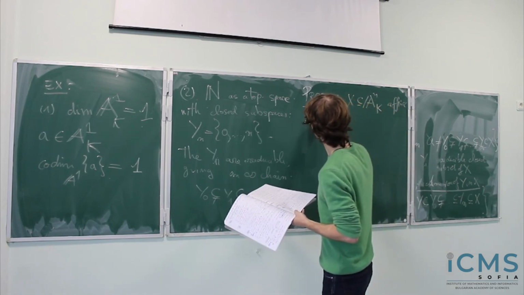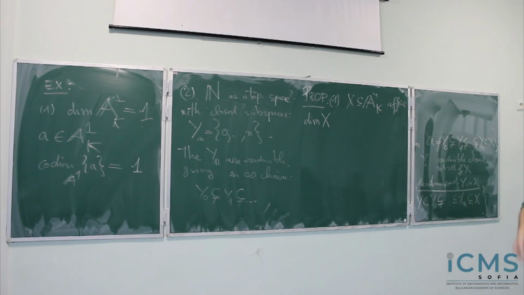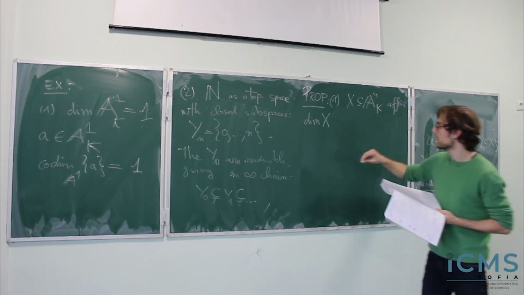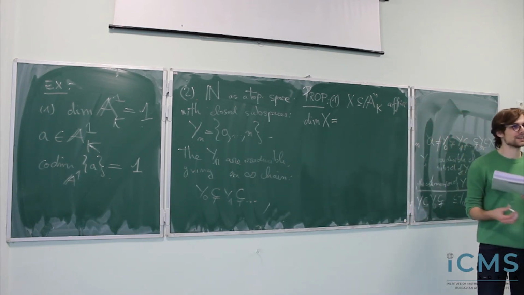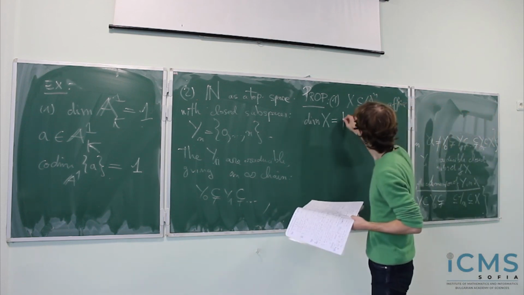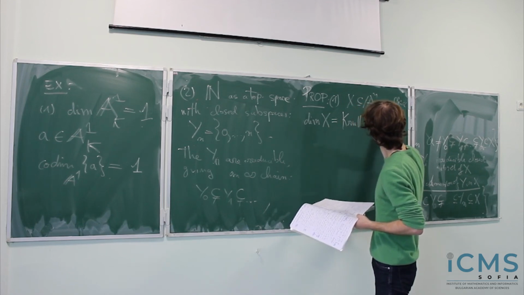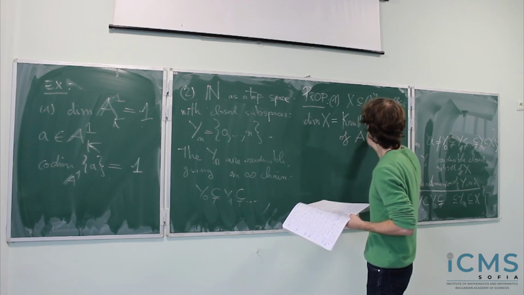Then the dimension of X as a topological space, we can actually find by considering the Krull dimension of its coordinate ring.